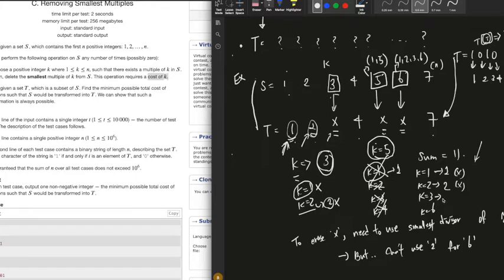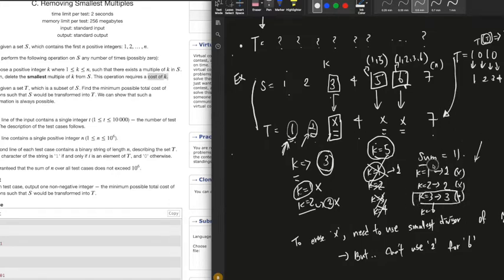And the smallest multiple of 3 will be 3. And since we don't have 3 in T, we can use this 3 for 6, right? And that's it.